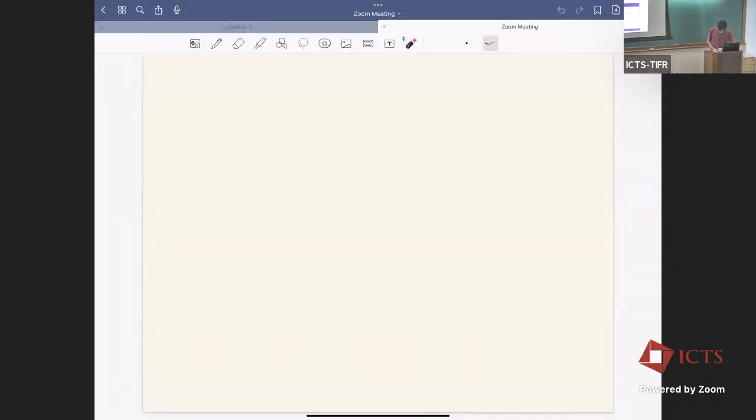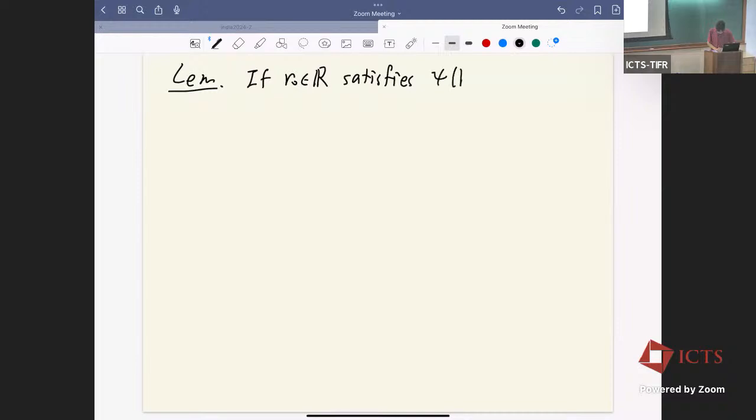To prove this, first, if R naught is a root of psi, then there exists R naught minus.